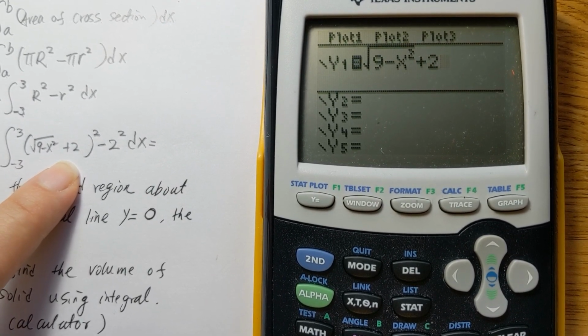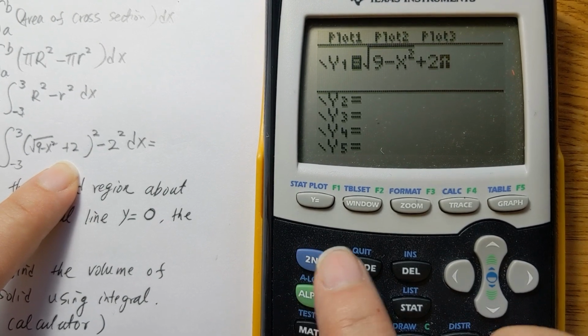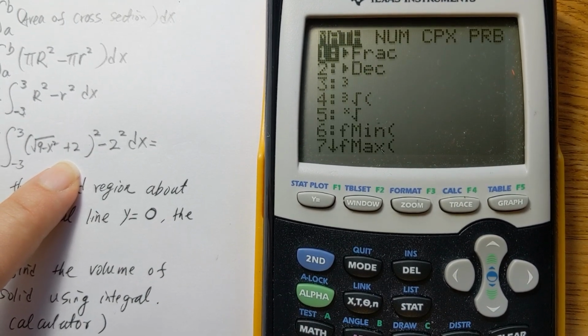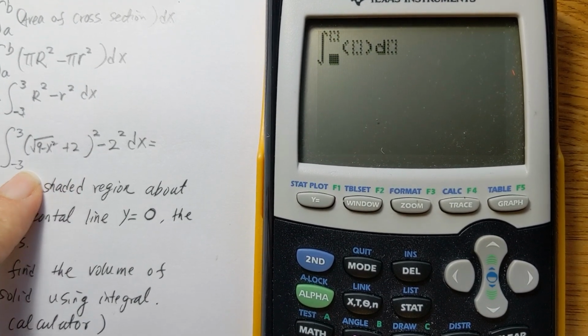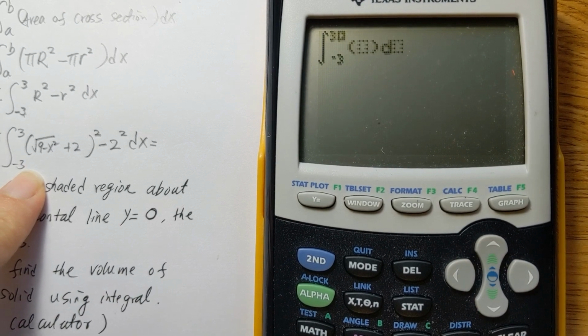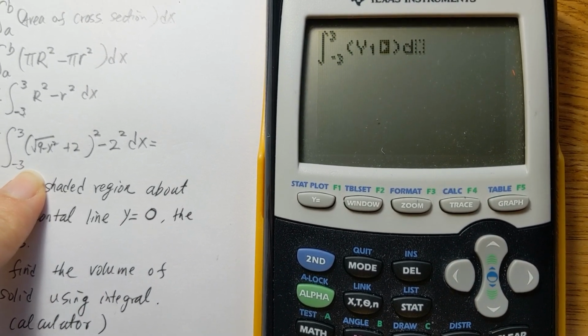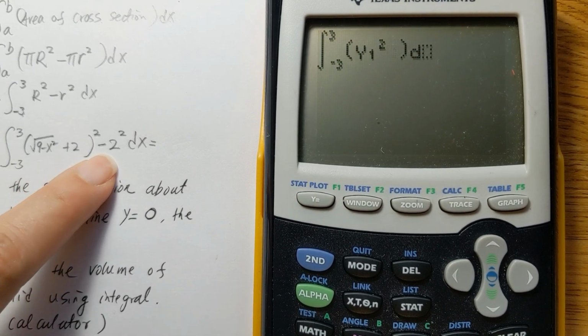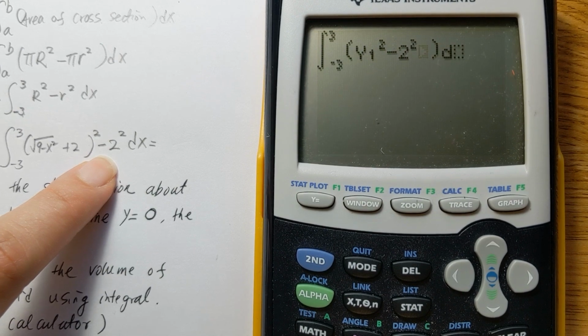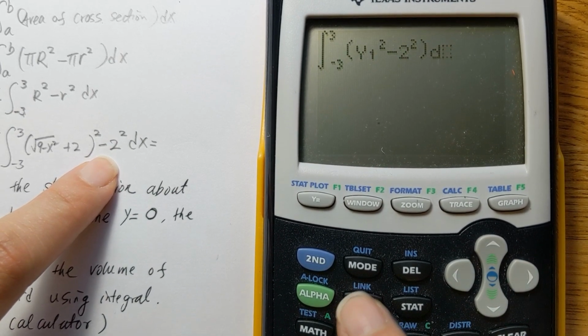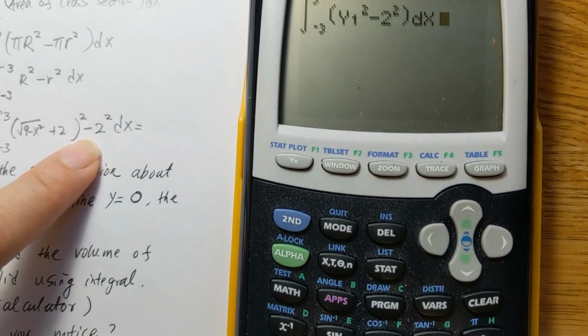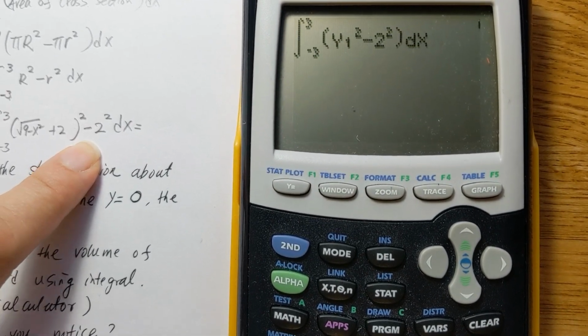This y1 is my big R. Now I go back, math 9. I'm going to add -3 to 3. Big R squared, so y1 squared. My small r is 2, right? So I just minus 2 squared. I don't need to use y2 squared, but if you want, you can do that. And then dx, and then press enter.